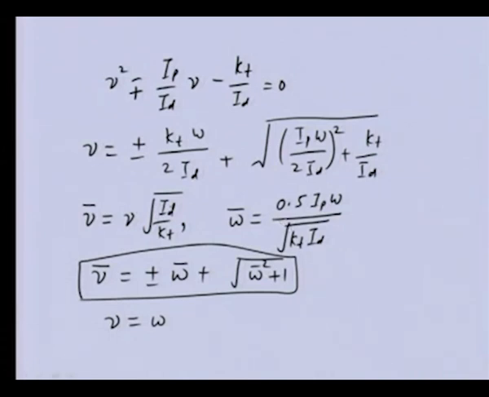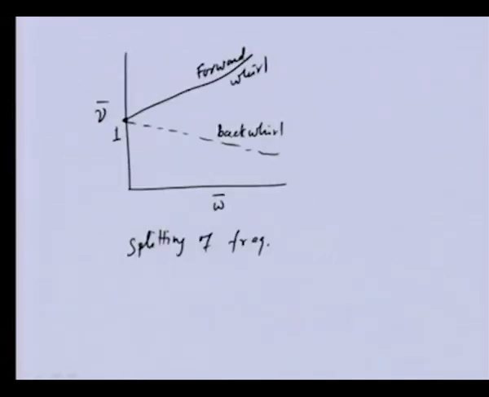So, we need to go to this expression and we need to put nu is equal to omega, and we need to solve for omega, that will be omega critical. Nu is equal to omega, here we will be able to get the critical speed.